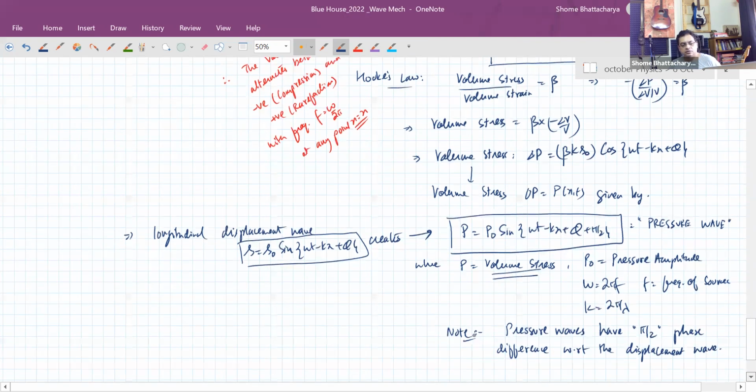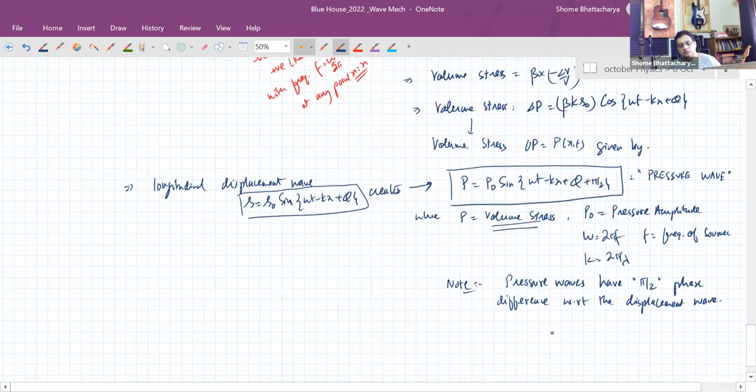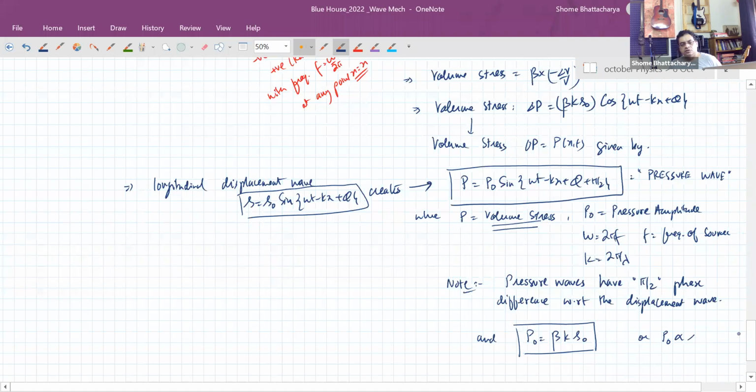And the pressure amplitude is directly proportional to the displacement amplitude by this formula. So the larger the amplitude of displacement, obviously the larger will be the pressure variation. But also the pressure variation has a pi by 2 phase difference with respect to the displacement.